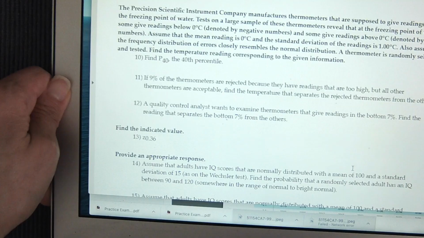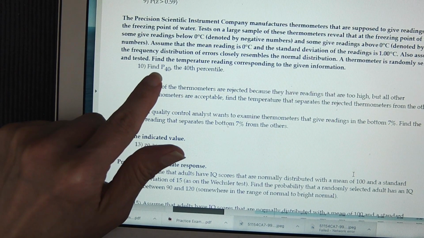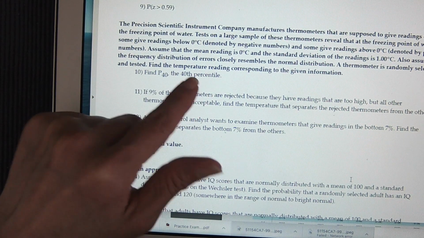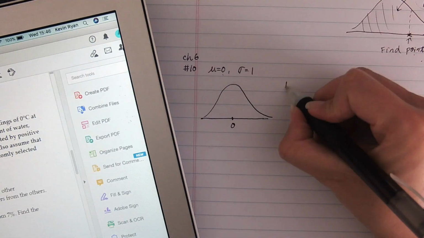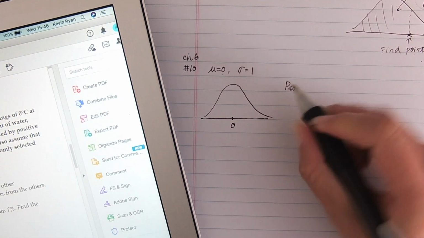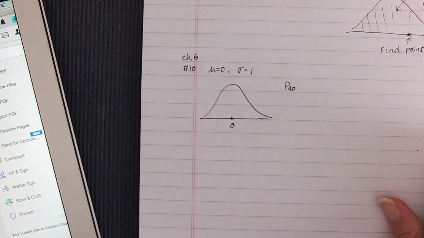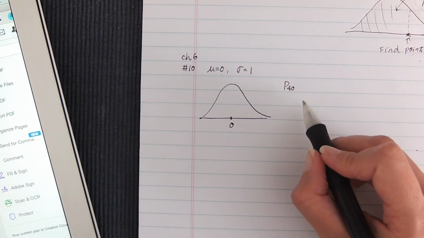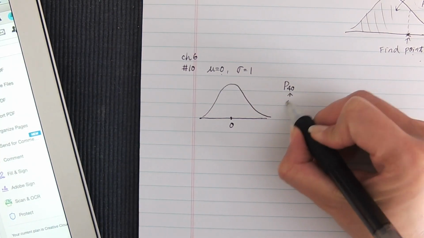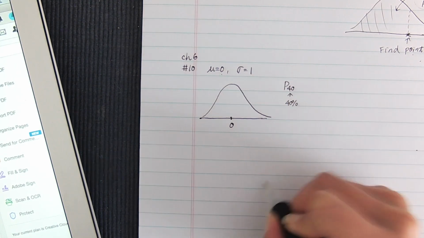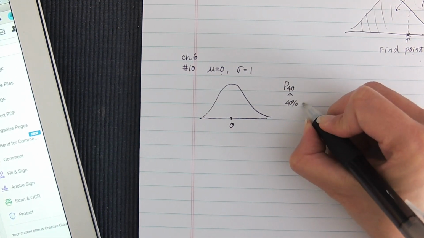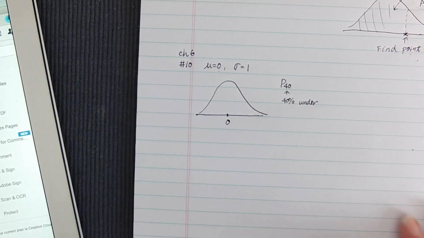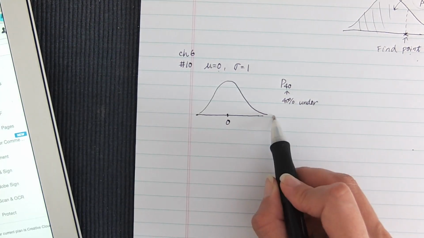Find the probability of the 14th percentile. So I'm looking for the 14th percentile. Make sure this is the percentile. Percentile means 40% under, and this is the 100%.